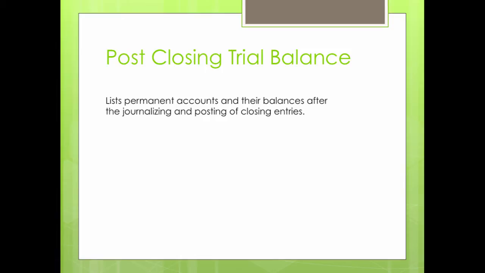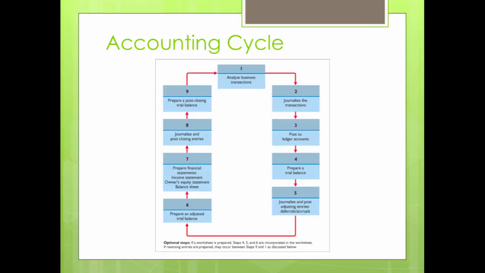And once those balances are recorded, make sure that you check that the debit and the credit columns are balanced. And if they're not balanced, that means that something is wrong. This accounts for the last step in the accounting cycle. That's it. That's all you do for closing the books. You just follow those 4 simple little steps.